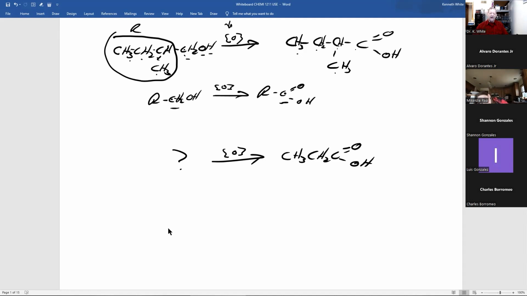What molecule do I oxidize to make that molecule? And synthesis is the fun part.